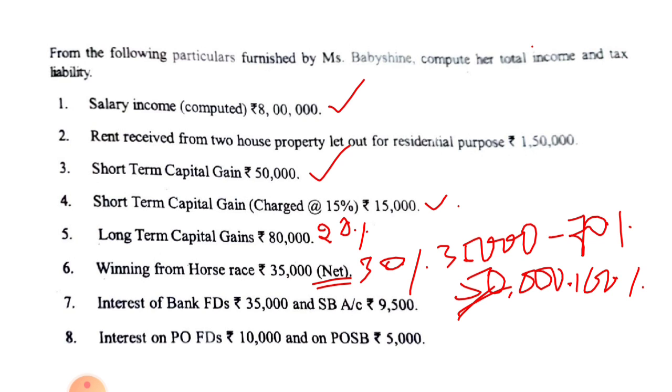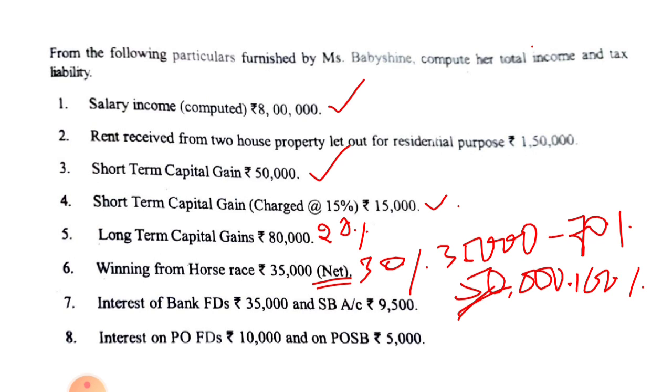But in this problem, Miss Baby Shine can claim deduction under section 80TTA, not under 80TTB. 80TTA relates to SB account, that is interest on SB account. And also here deduction is available only up to 10,000 rupees. That is, the maximum limit under section 80TTA is 10,000.